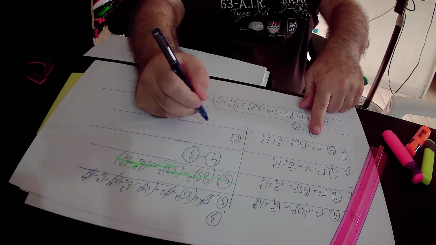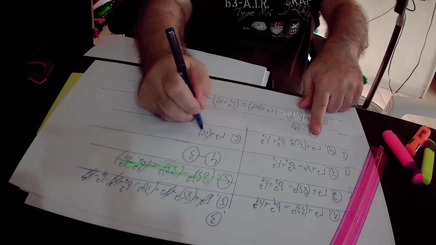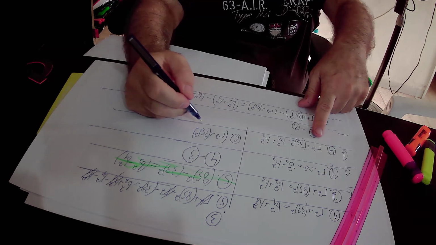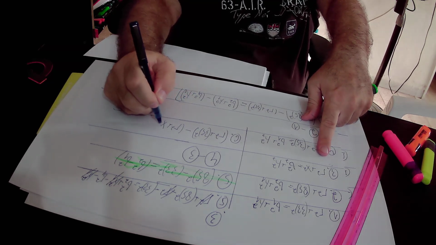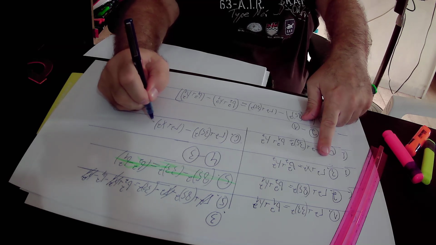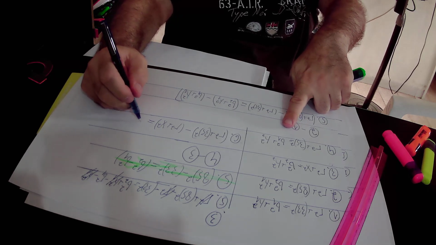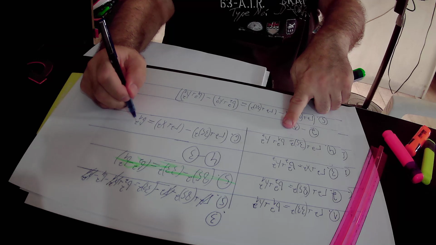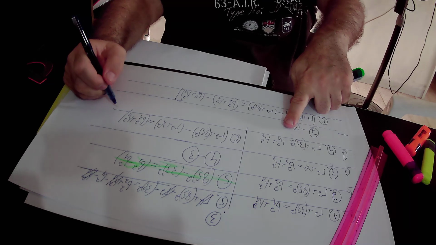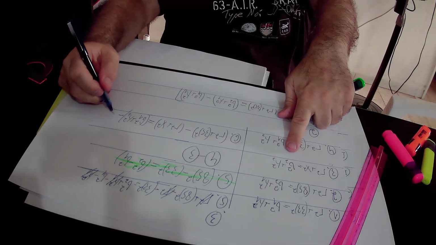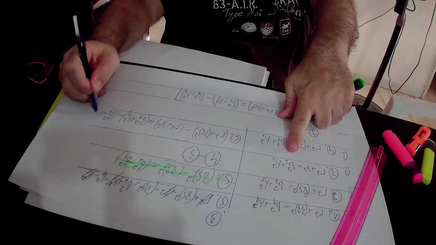On this side of equation number 4 we have r squared plus 35 squared, minus equation number 3, here minus r squared plus x squared. Then on the other side of equation number 4 we have b1 squared plus h2 squared, minus equation number 3, here minus b2 squared plus h2 squared.